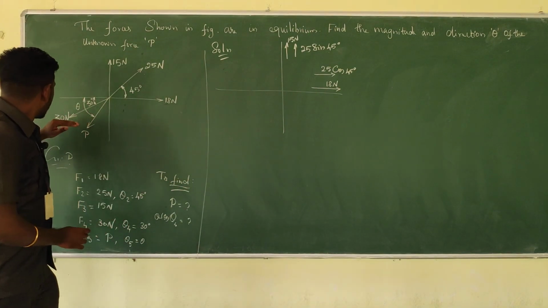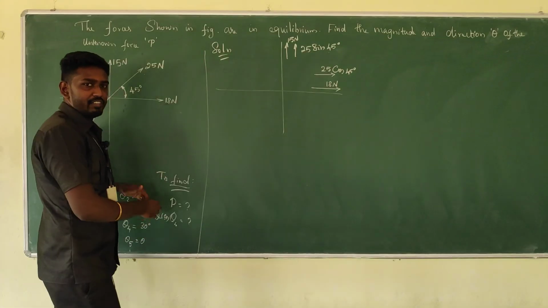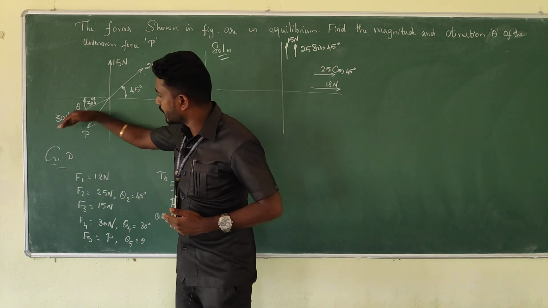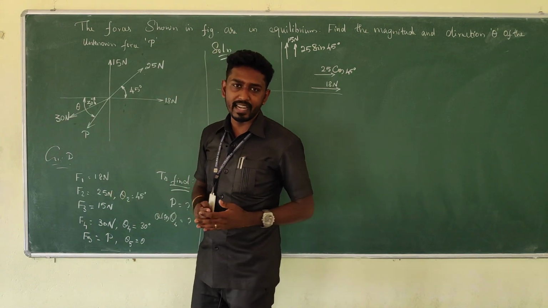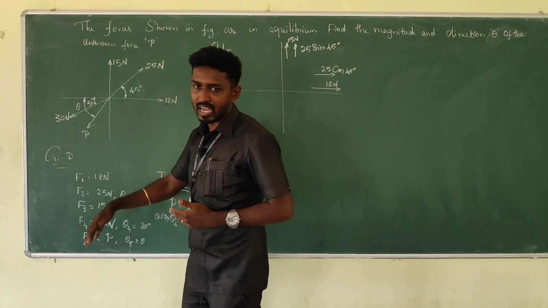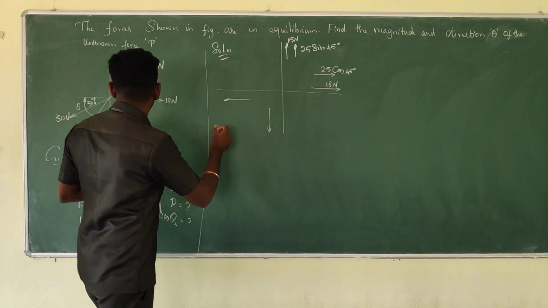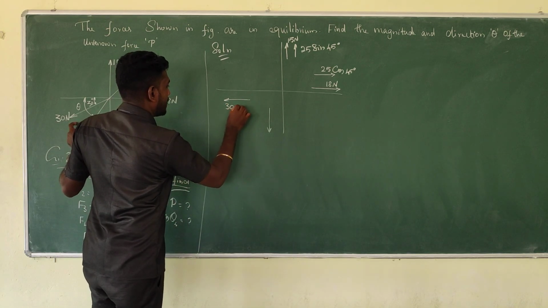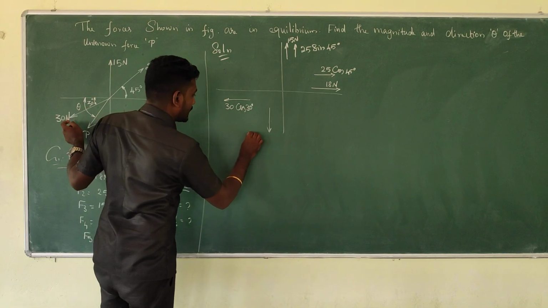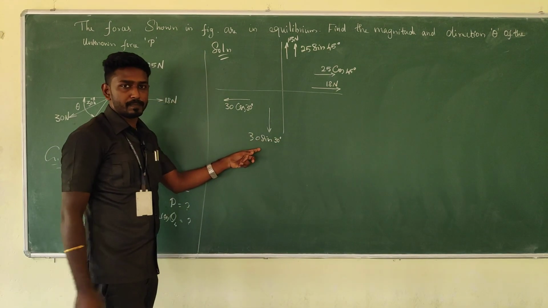Then look at the third quadrant. There is a force of 30 Newton which is inclined and directed downwards like this. So I can predict it is moving horizontally left and vertically down. So I can say 30 cos 30 degrees for the horizontal force and 30 sine 30 degrees for the vertical force.